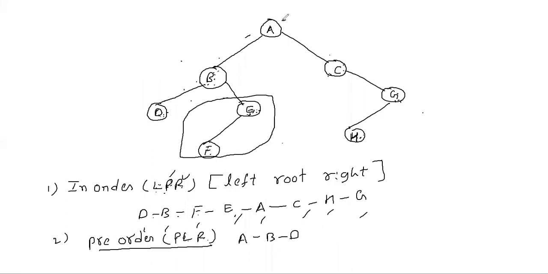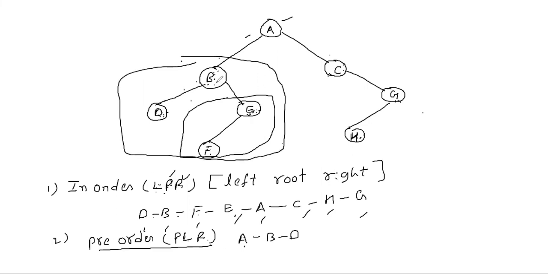First, parent A is written, PLR formula, left. What is the left? Parent A is written. Next, left. This is B. So here also this is one subtree. In this, B is written, B's left side, PLR formula, D is written. Next, right side.